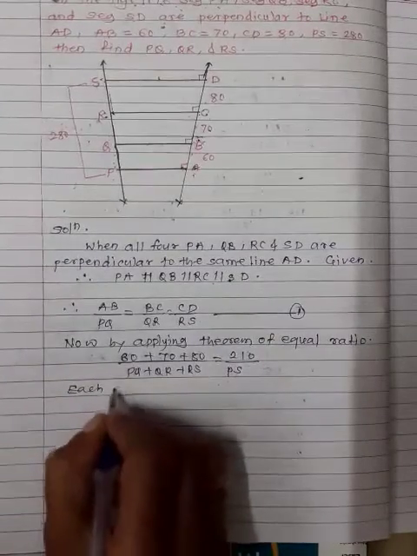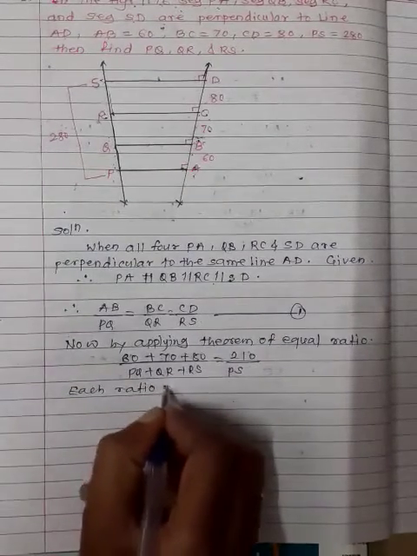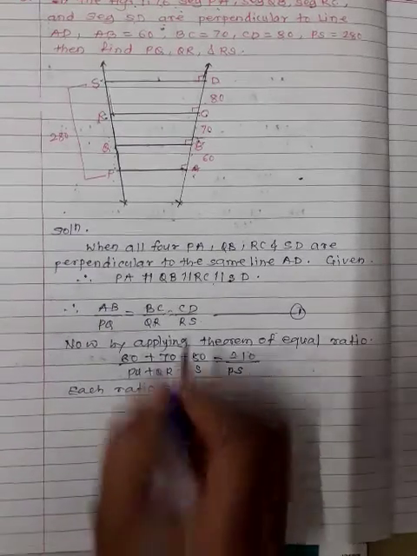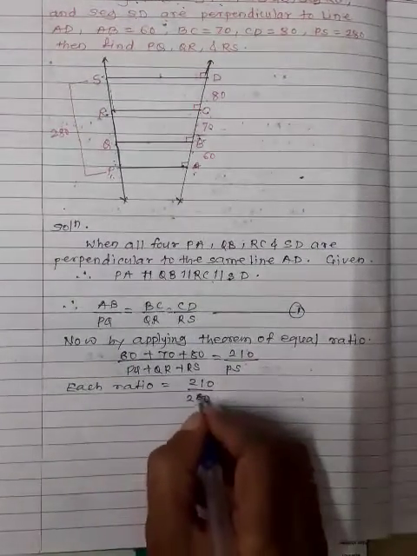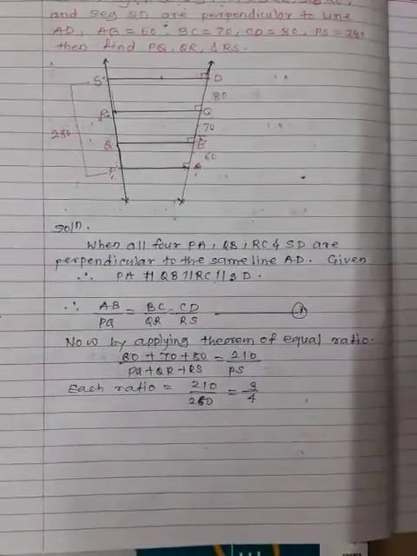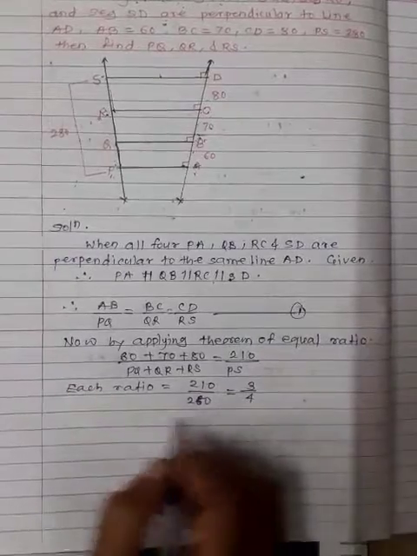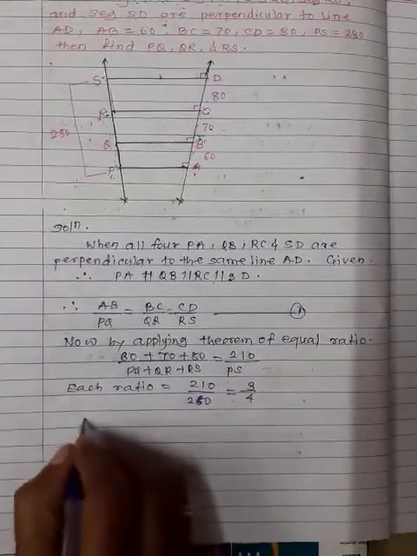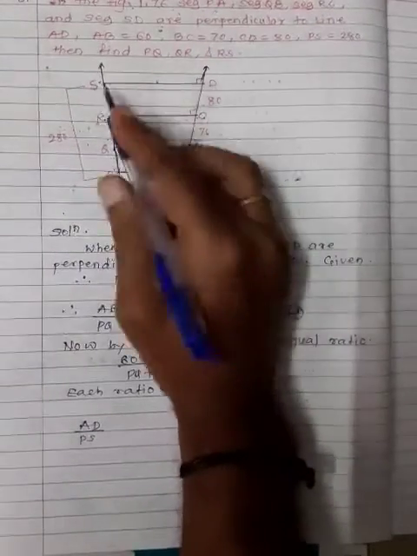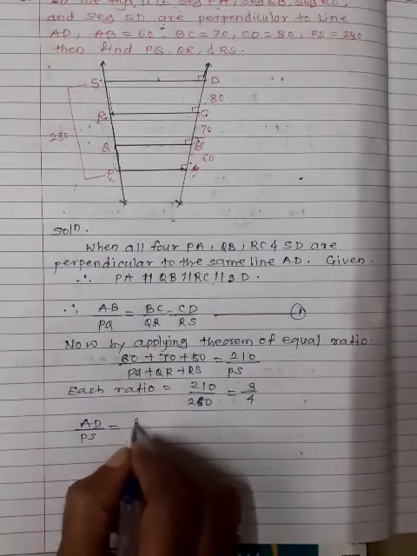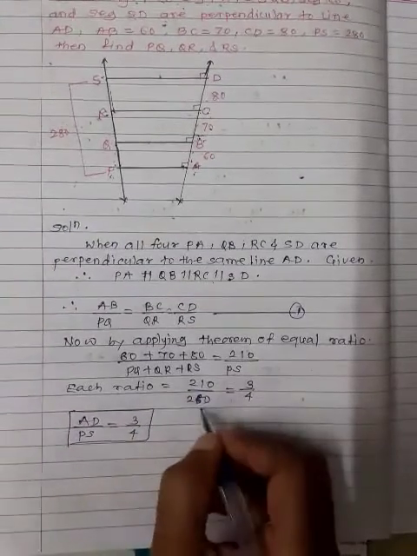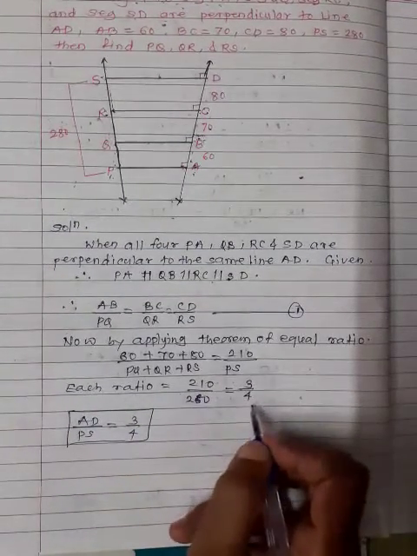Each ratio is equal to 210 upon PS, which is 280, is equal to the ratio 3 upon 4. AD upon PS is equal to 3 upon 4 simplified. 210 upon 280 is equal to 3 upon 4.